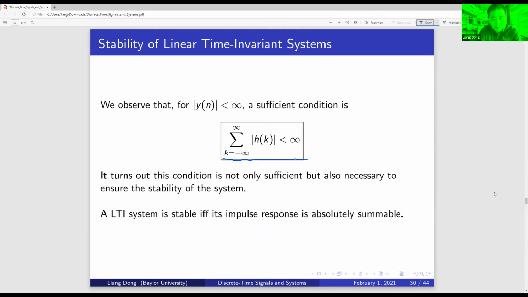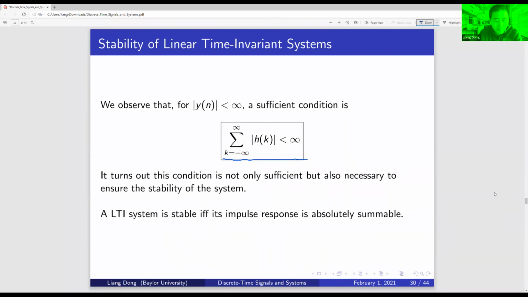It turns out this condition in the box is not only sufficient, but also necessary to ensure the stability of the system. It is indeed an if and only if condition. We are not going to prove the necessary part. We use this formula in the box to check whether my system is stable or not.